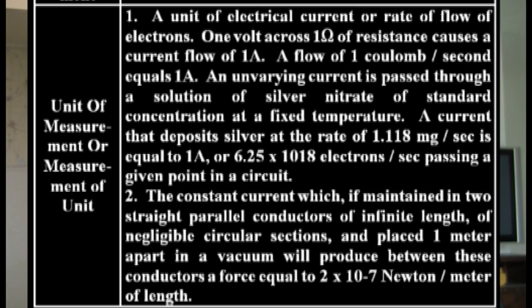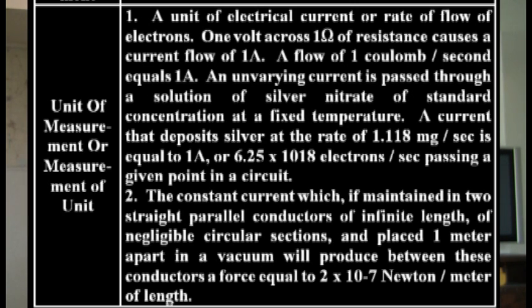Okay. And then 2 would be the constant current, which, if maintained in 2 straight parallel conductors of infinite length, of negligible circular sections, and placed 1 meter apart in a vacuum, will produce between these conductors a force of 2 times 10 to the negative 7 newtons per meter.